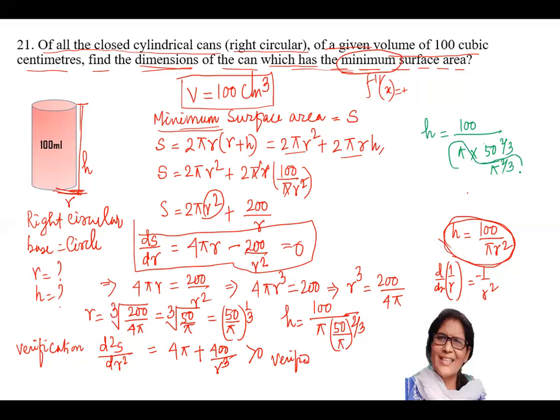So pi into pi to the power 2 by 3 will be pi to the power 1 by 3 in the denominator. And this 50, I can write 100 as 50 into 2, and this is 50 to the power 2 by 3. So 50 to the power 1 minus 2 by 3, you can simplify. So it will be 2 into 50 to the power 1 by 3 by pi to the power 1 by 3.